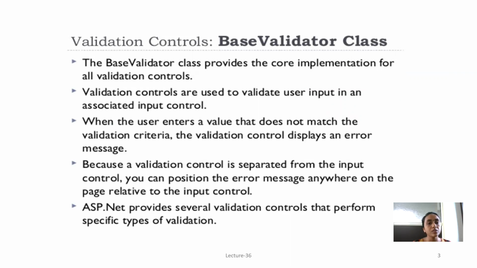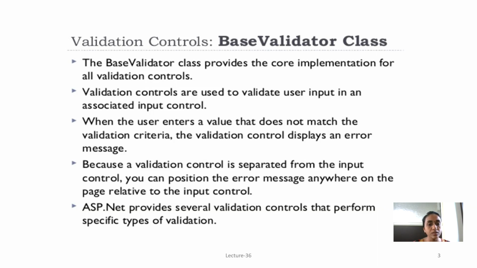First, what are validation controls and what is their base validator class? The base validator class provides the core implementation for all validation controls. The validation controls are used to validate user input as an associated input control. When the user enters a value that does not match the validation criteria, the validation control displays an error message.